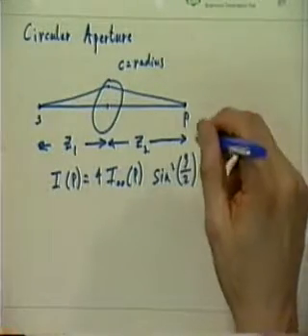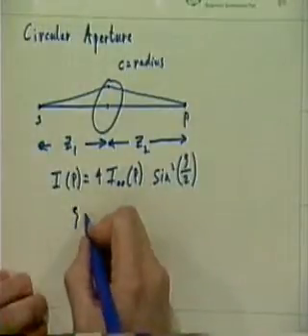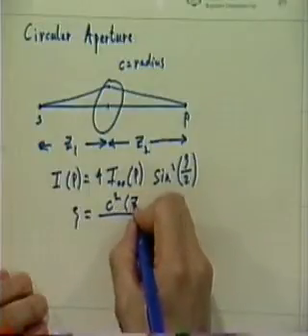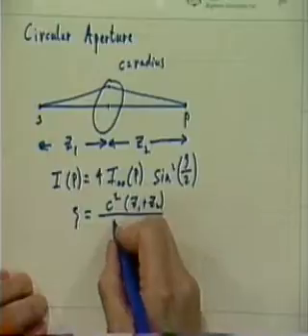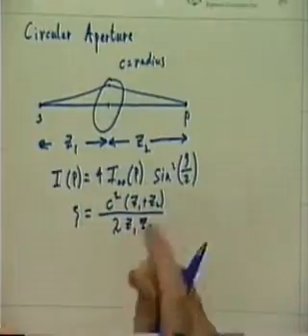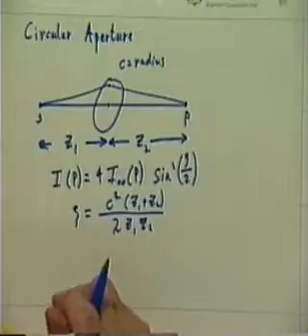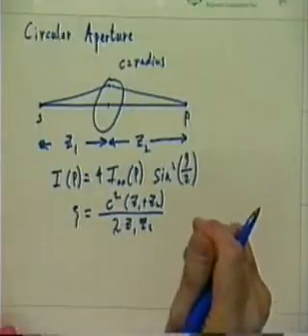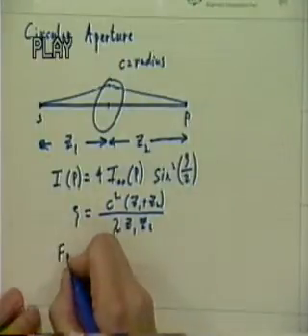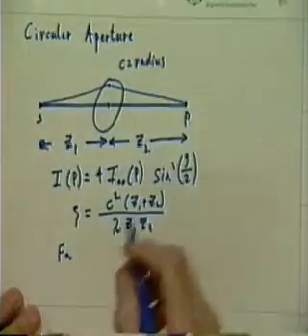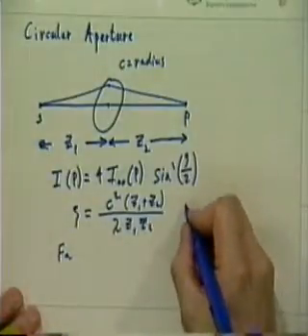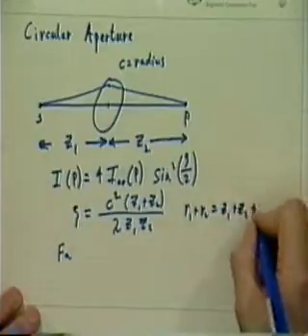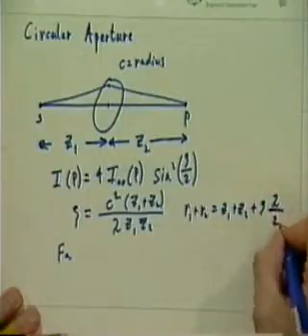And remember, this squiggle was equal to C squared times Z1 plus Z2 over lambda Z1 Z2. What we said was that R1 plus R2 was Z1 plus Z2 plus squiggle lambda over 2.